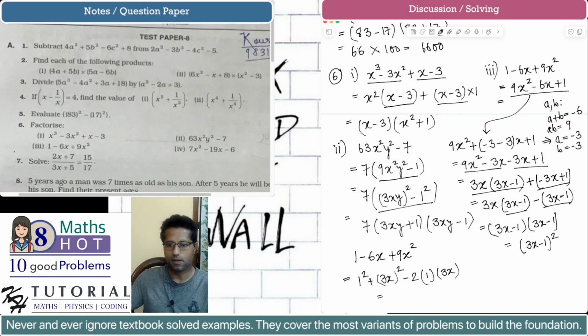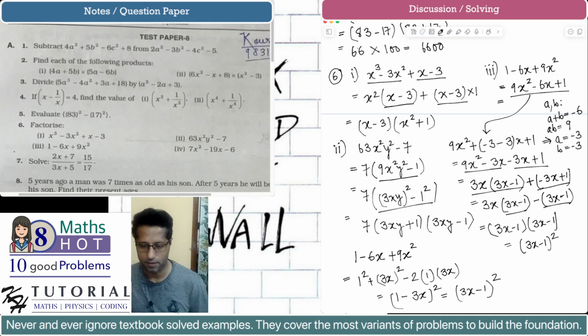So from here I can say this is equal to 1 minus 3x whole square. Whether you write it as 1 minus 3x whole square or 3x minus 1 whole square, it will be the same thing. It does not matter. Both the forms are correct.